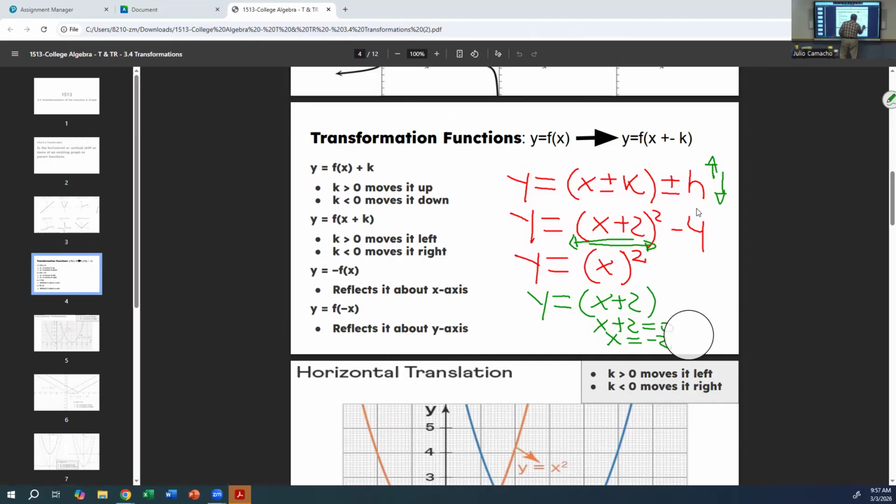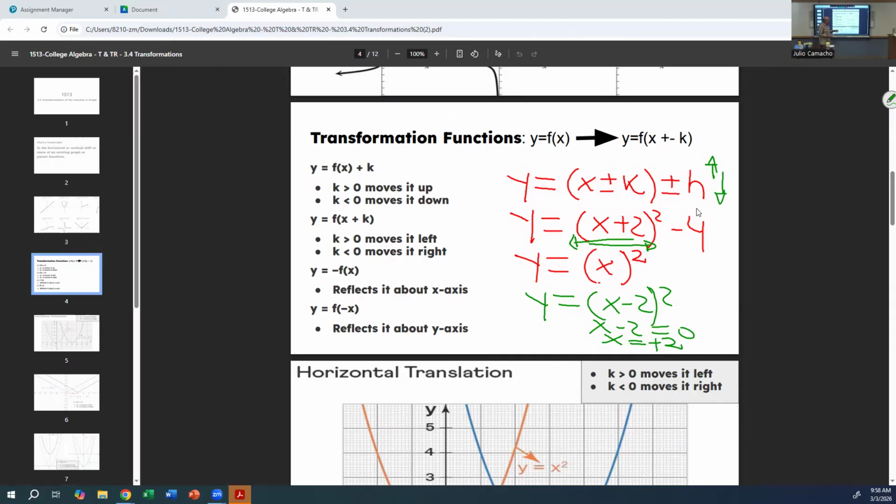But if I have, for example, y is equal to (x minus 2) squared, and you set x minus 2 equal to 0, if you add 2 to both sides of this equation, x is equal to positive 2. That means where positive 2 is on the x-axis, is it on the left or on the right? Right.